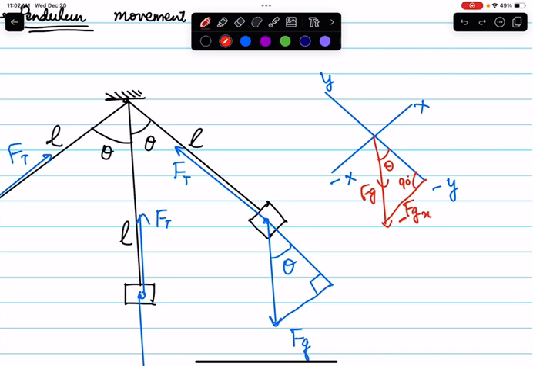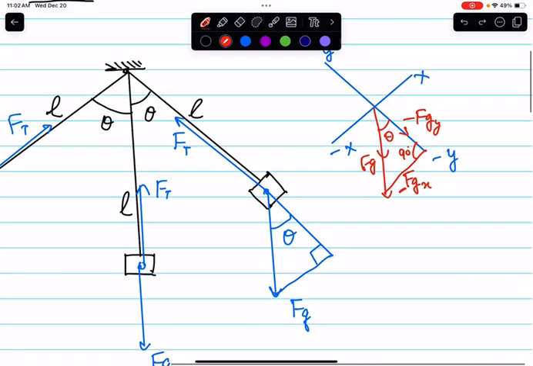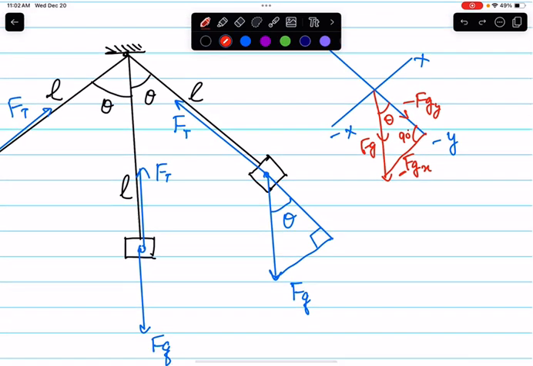And this is going to be negative Fgy, because gravity is acting in the negative y direction. So sine of theta is negative Fgx by Fg, and similarly cosine of theta is negative Fgy by Fg.